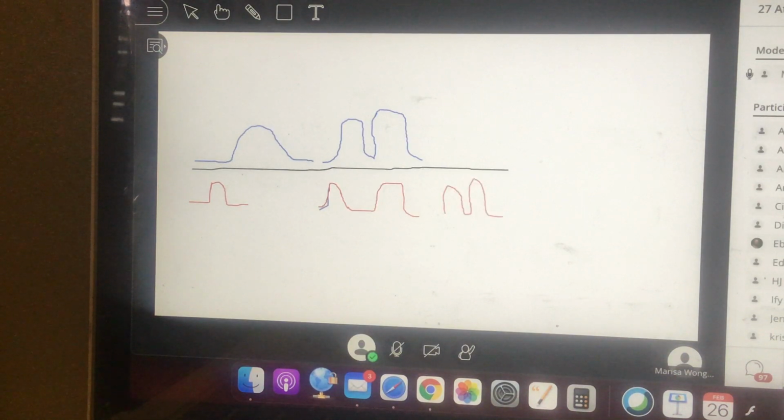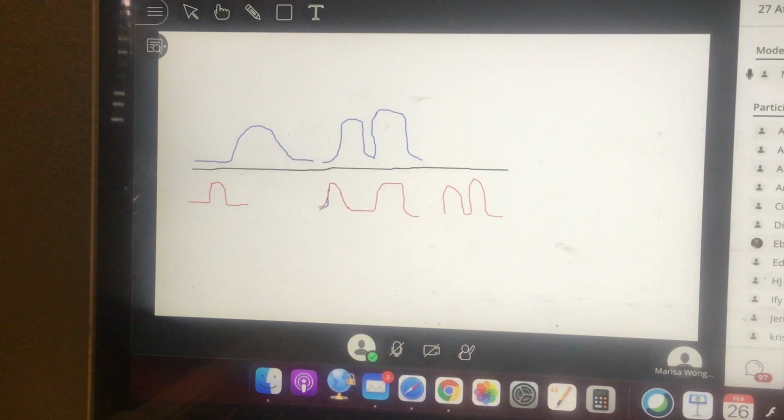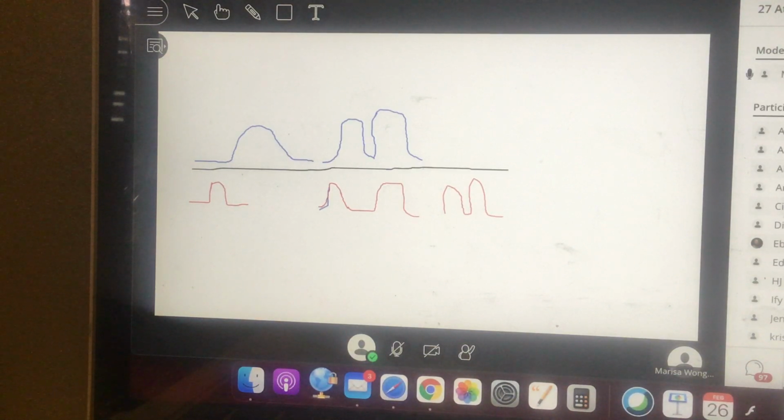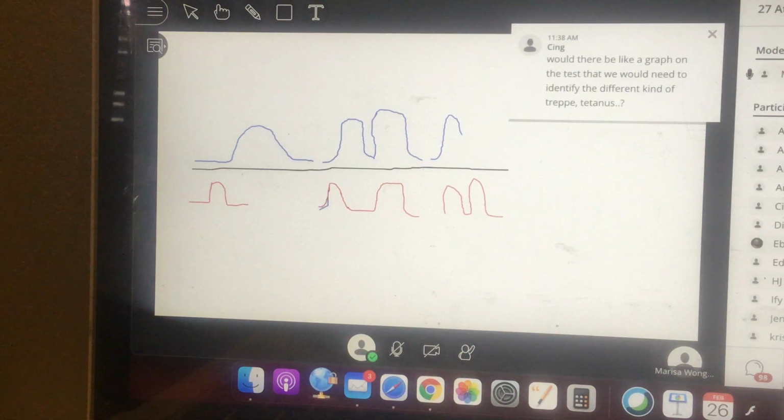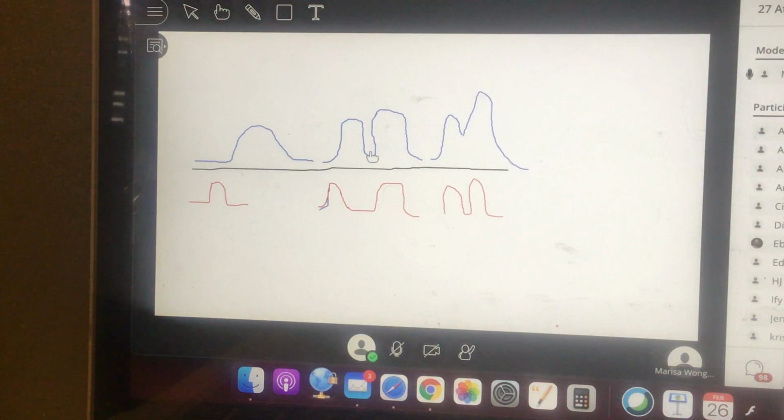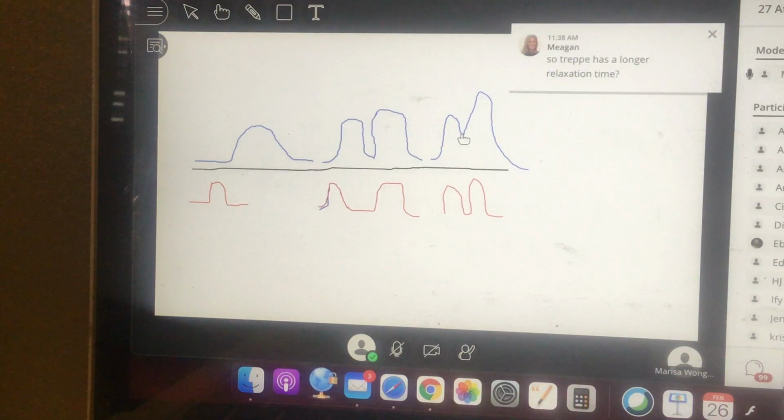Let's do two like that. That means that before the relaxation is even done, you send another one, and that's going to be a little bit bigger. There's not a huge difference between treppe and summation. Really, the only difference is that this is if you re-stimulate it in the middle of it relaxing.